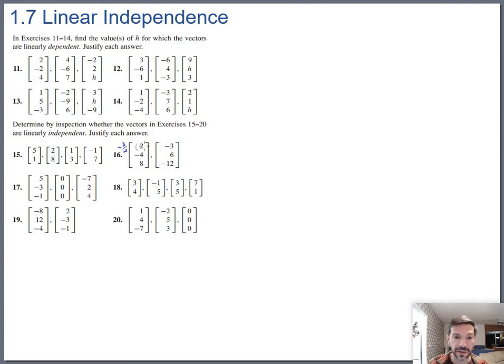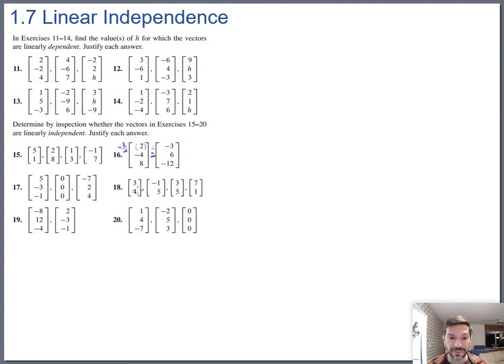So -3/2 times 2 makes -3. Let's check the others. -3/2 times -4 would make +12/2 or 6, and the last one, -3/2 times 8, does indeed make -12. There's linear dependence. -3/2 times the first vector equals the second vector. Got it.